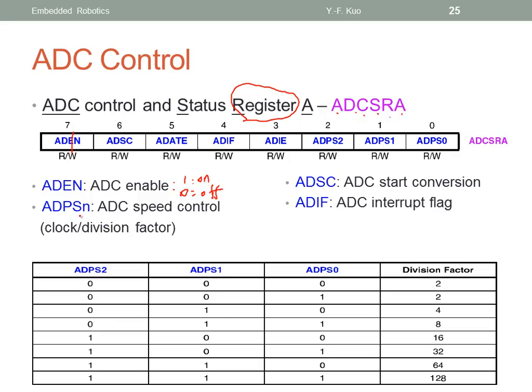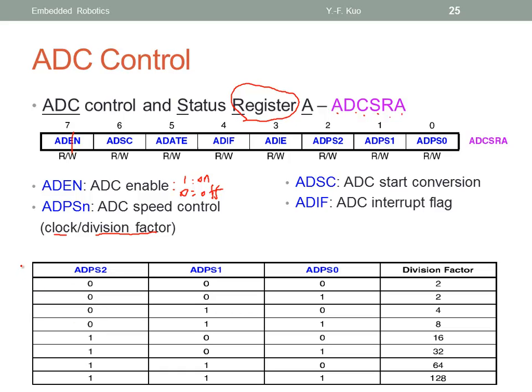And next is the ADPSn. This is the ADC speed control, and n means from 0 to 2, so there are 3 bits actually. The speed of the ADC depends on the clock speed and also the division factor. The clock speed is fixed at 16 megahertz, and the division factor depends on this ADPSn.